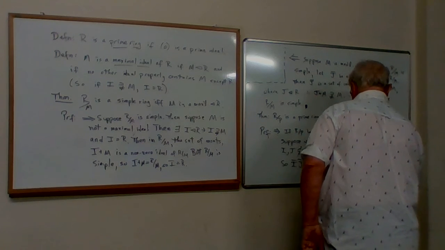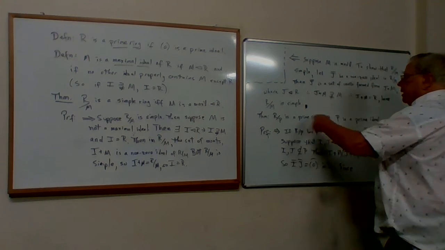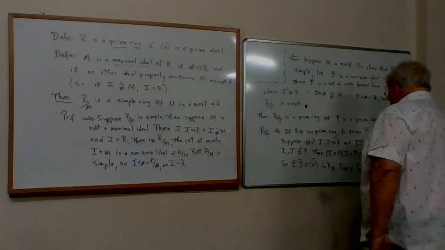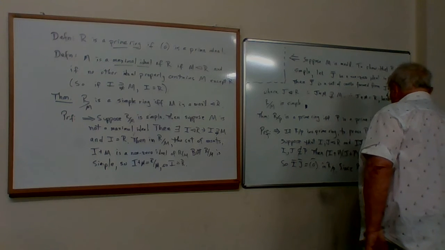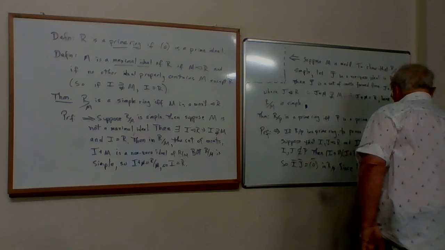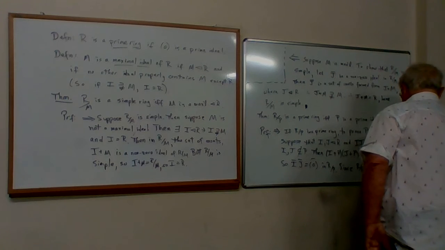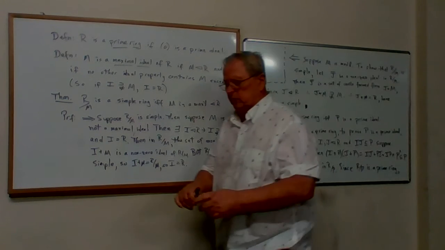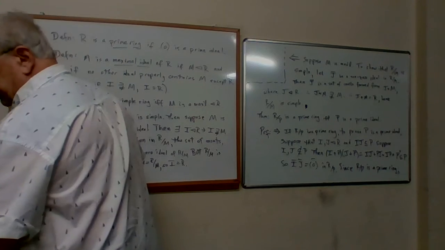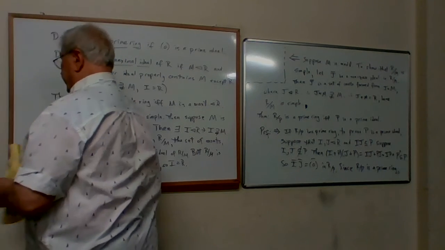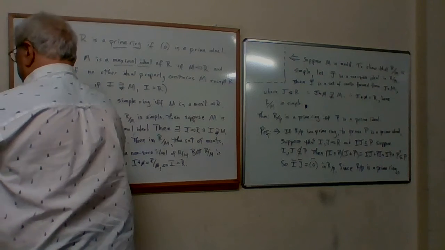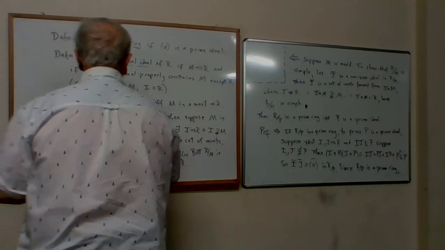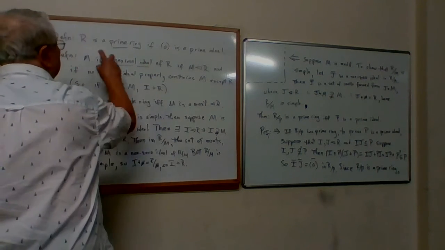But what do I know about R mod P? R mod P is a prime ring. So you can probably smell what's coming, but it's not going to come until I can erase this other board. So let's see how fast I can do that.